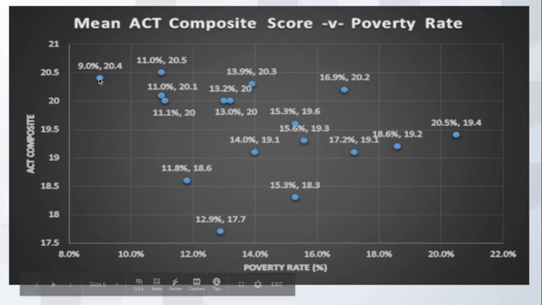So this tells us that they're at a 9% poverty rate, and they scored a 20.4 on the ACT. So that blue dot marks that spot. And you can see as you look at the higher poverty rates on this end, their scores are all over the place. I mean, here you have basically 17 percent poverty rate, and they're at a 20.2.